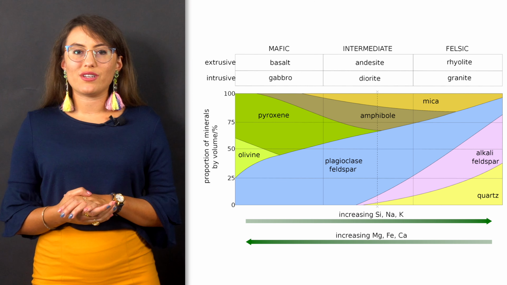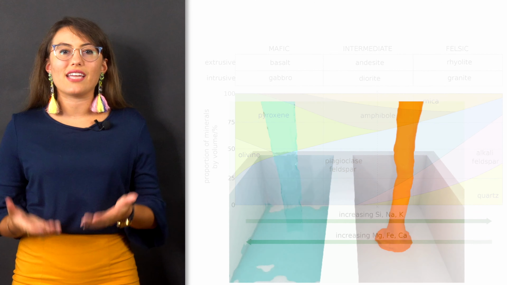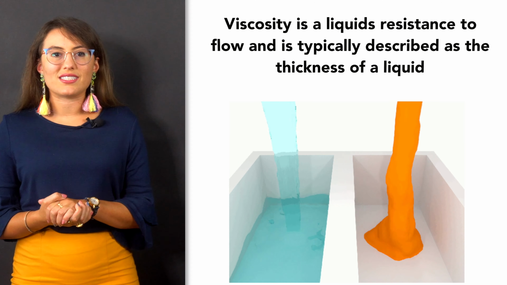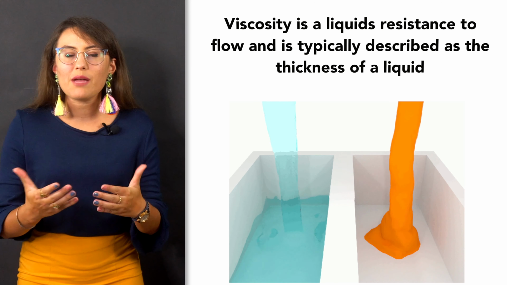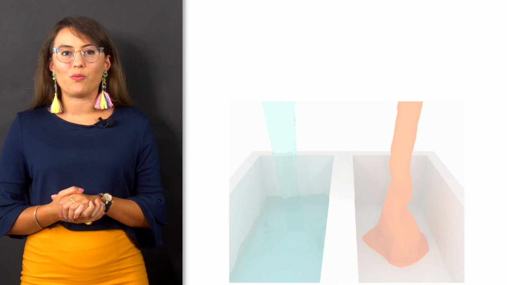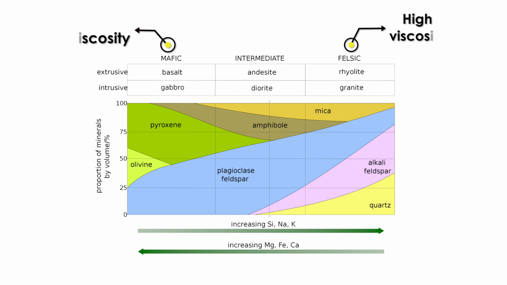A major difference between felsic and mafic magma is the viscosity of it, which is a liquid's resistance to flow and is typically described as the thickness of a liquid. For example, syrup has a higher viscosity than water. Felsic magma has a higher viscosity than mafic and does not flow as easily on the surface. As a result, felsic magma tends to stay within the magma reservoir and forms igneous intrusive rocks such as granite.